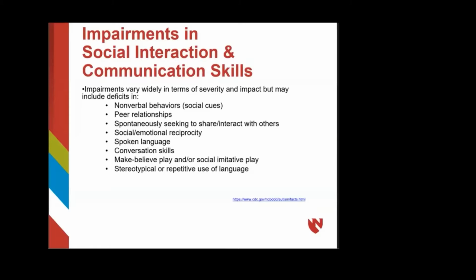They can vary widely in terms of severity and impact, but may include deficits in nonverbal behaviors, such as not understanding facial expressions, social cues, or body language, trouble with peer relationships, not spontaneously seeking to share or interact with others, not engaging in that social emotional reciprocity, deficits in spoken language or conversation skills, not engaging in make-believe play or social imitative play, or engaging in stereotypical or repetitive use of language.